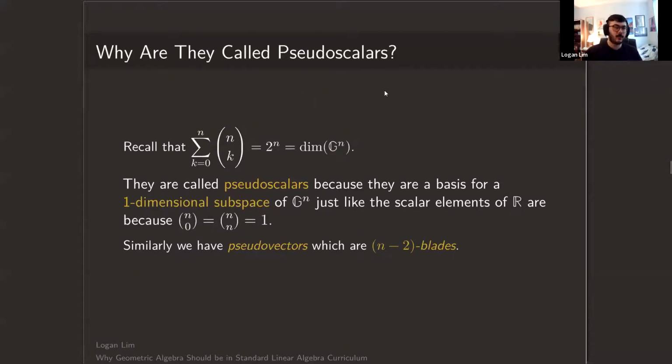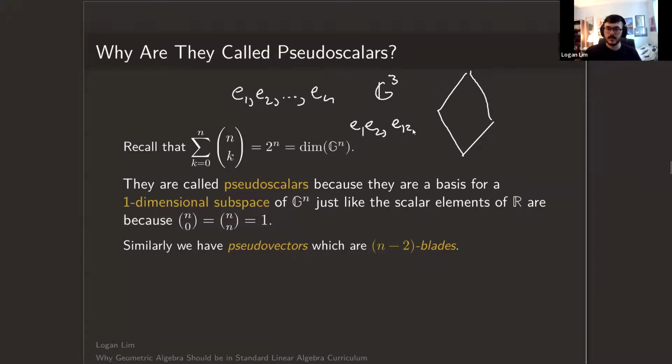So why are they called pseudoscalars? Before, I showed you this Pascal's triangle looking construction, where you choose combinations of the basis vectors E1 to En. If you choose M of them, you can form, using linear combinations, all possible subspaces. So for example, if we're working in G3, there are three bivector elements in the basis, E1 E2, E2 E3, E3 E1.